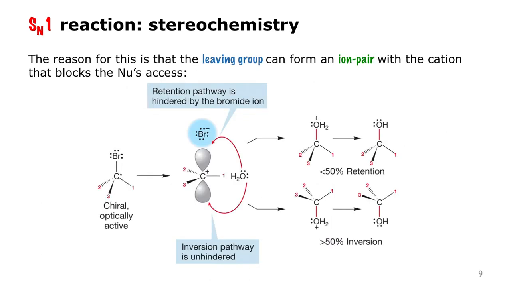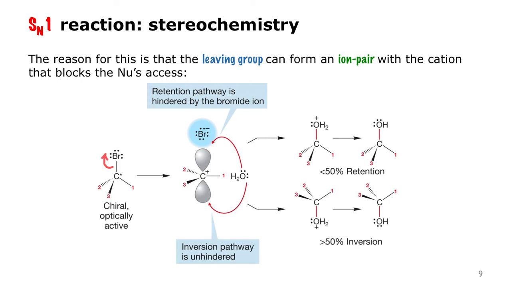It turns out that that observation arises from the formation of an ion pair when the carbocation forms. And that's illustrated here. So imagine what's happening in this reaction when this carbon-bromine bond breaks. And we form a bromide ion and a carbocation. Well, as soon as that bond breaks, we form a negatively charged ion and a positively charged ion.